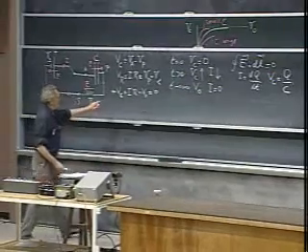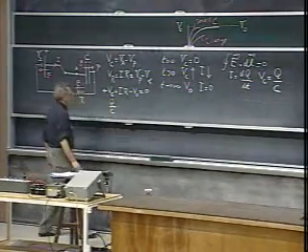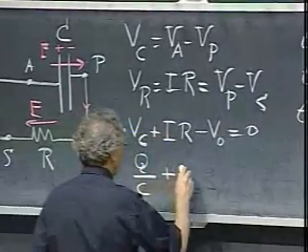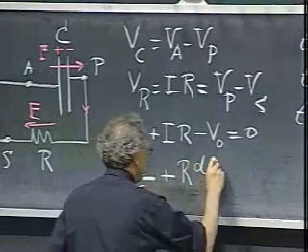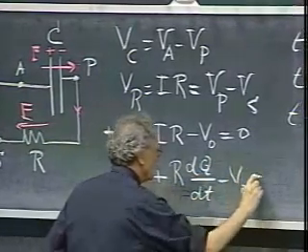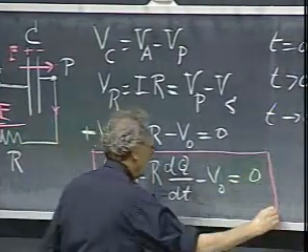So I can write down Q divided by C for V of C, and dQ/dt for I. So I get R times dQ/dt minus V0 equals 0. And this is a differential equation in Q.